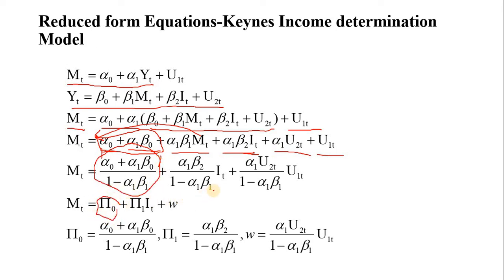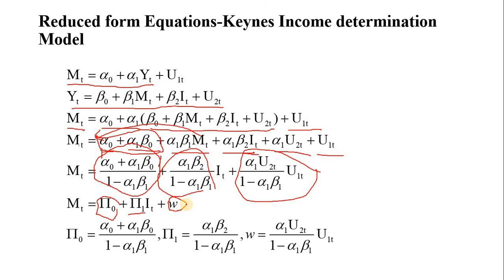This is my slope coefficient pi 1, then it is exogenous, and this is basically the error term. So I am giving it a name: Mt equals pi 0 plus pi 1 It plus Wt. This is the reduced form.